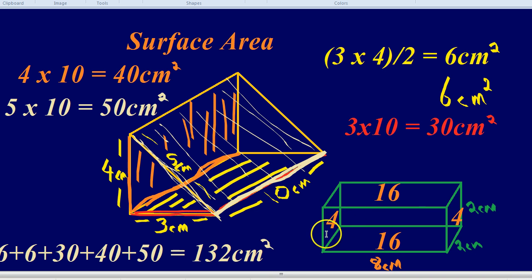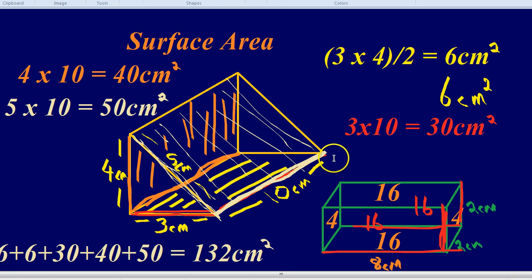And the front also is 2 tall and 8 across. Let's write that on. 2 tall, if you think about it, and 8 across. So that is also going to be 16. And the back is 2 tall and 8 across, which is going to be 16 as well.